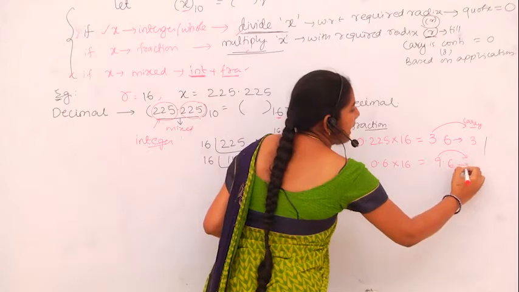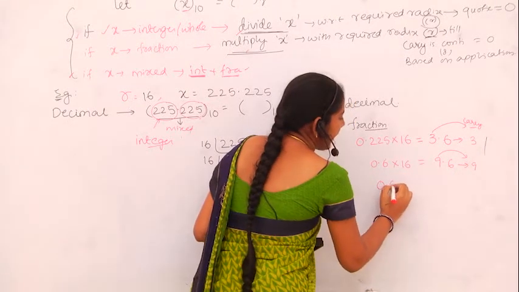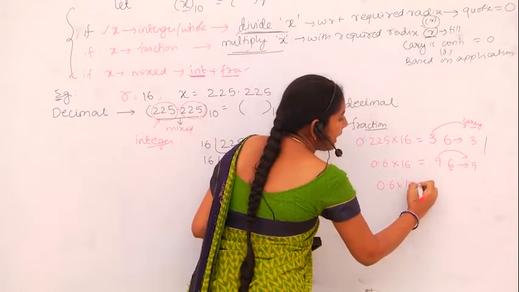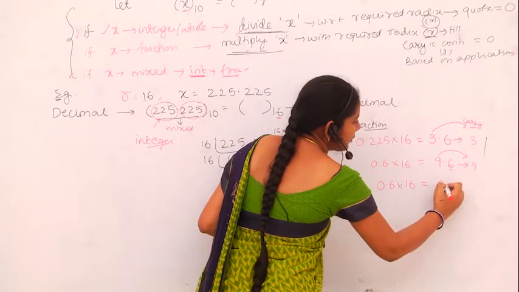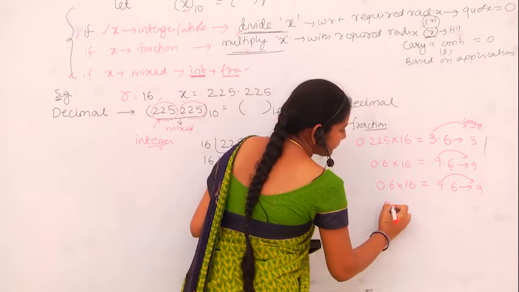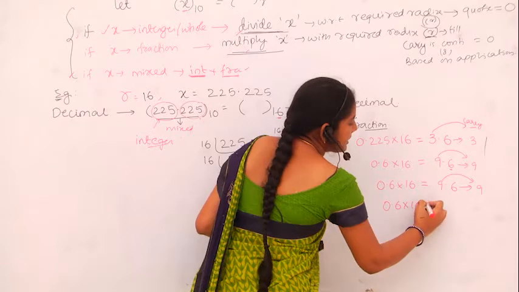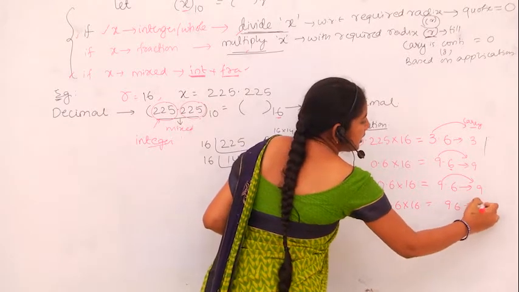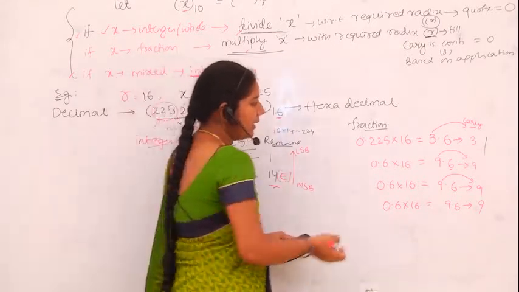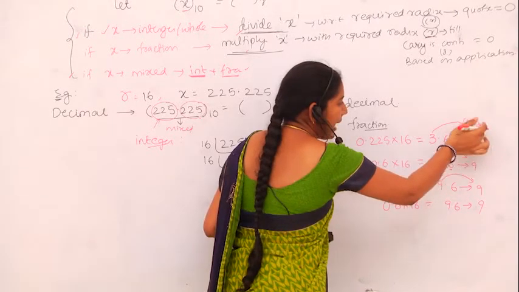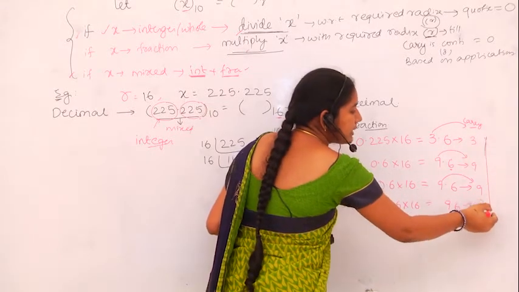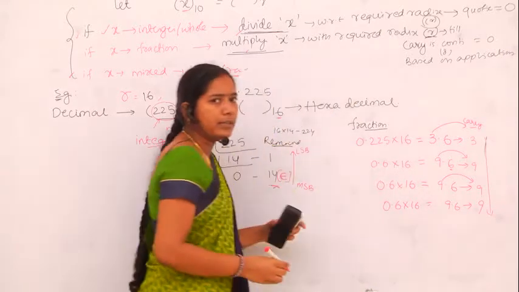Take this integer part out and carry part 0.6 to the next level and multiply this carry with the radix value. You will get the result of 9.6 and integer part out, carry to the next level, again you will get the result. So like that, in this way we can do the fraction part. Here consider this carry is nothing but the equivalent of hexadecimal values, and consider these hexadecimal values in the downward direction.